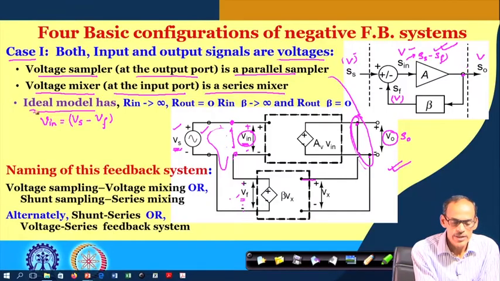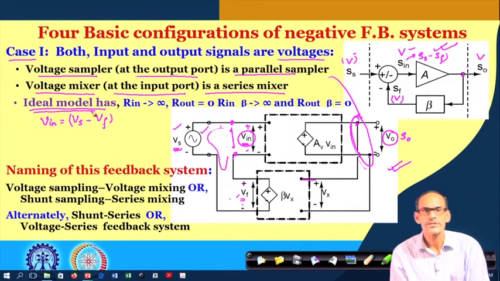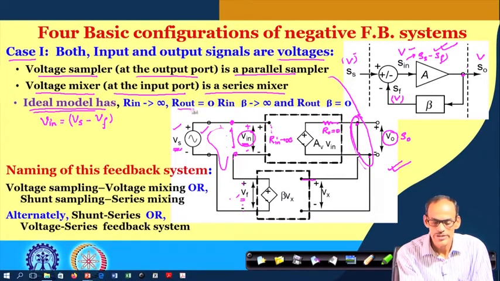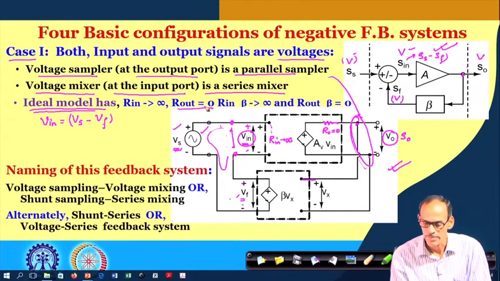So, to create that situation we have considered this ideal situation, namely the resistance here is infinite. So, I am keeping this open. So, R in is infinite. On the other hand, output resistance here R O is equal to 0. So, output resistance here is 0.